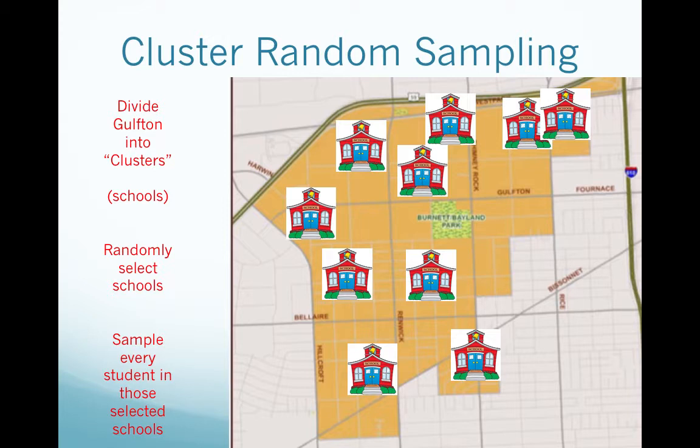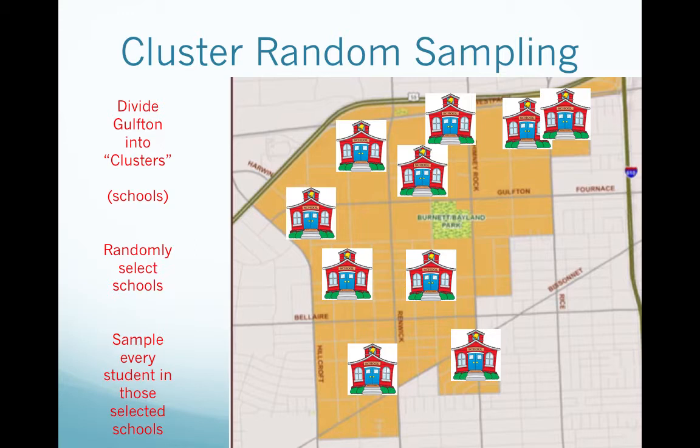Let's say there were 200 schools. Baylor might then write the name of each school onto a piece of paper and put each paper into a hat, and he or she decides to randomly choose 20 schools. Each school represents a cluster. Baylor then would randomly select 20 schools from the hat.